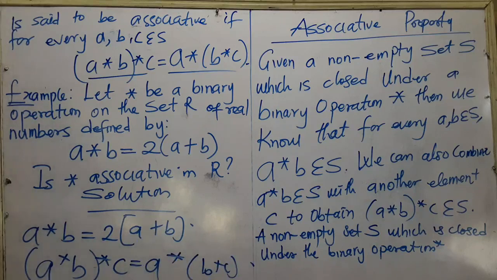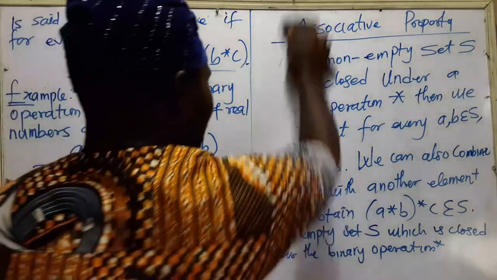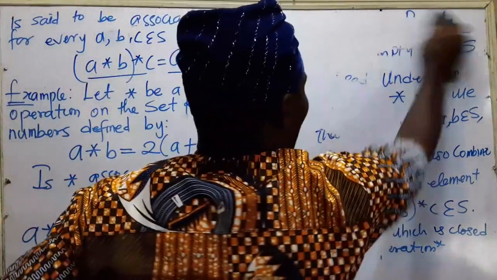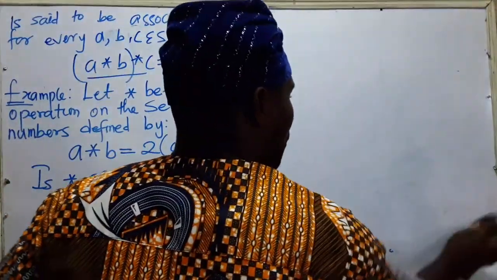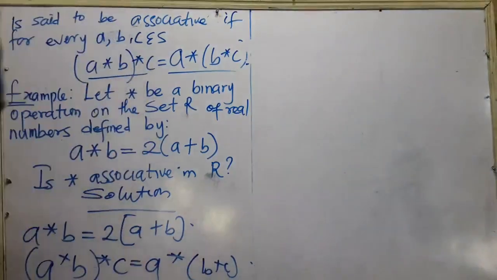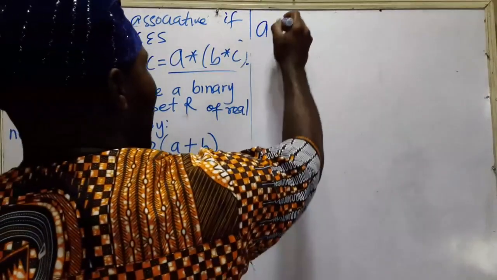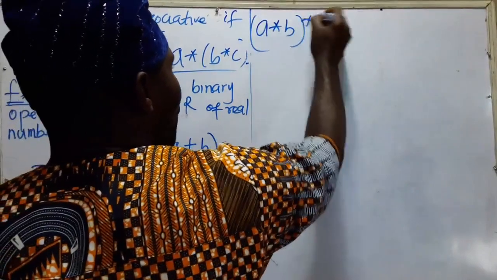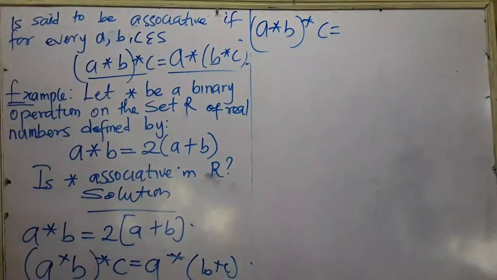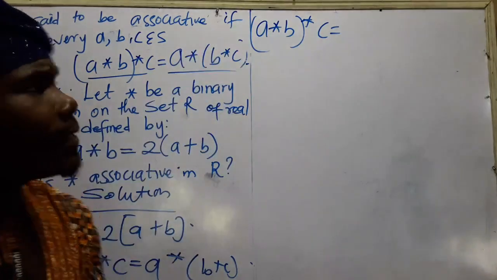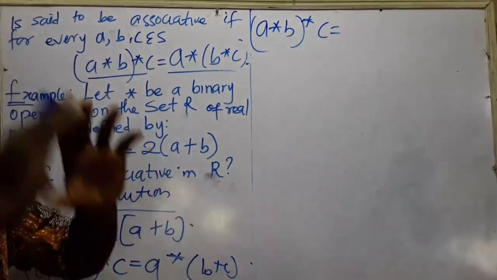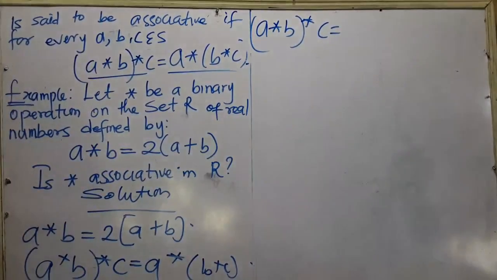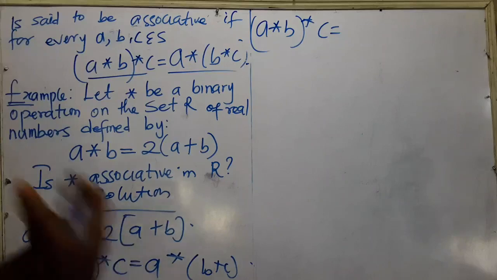We know A operation B. Let's now combine it with operation C, which gives us (A operation B) operation C. In the associative property, the whole of A operation B turns into a single value, the first entry.